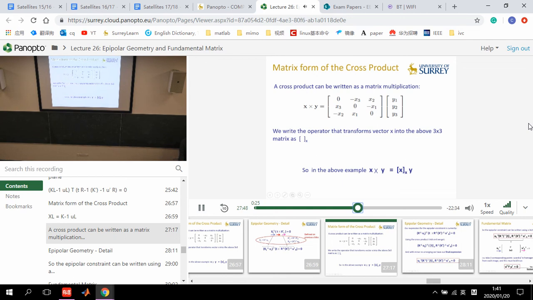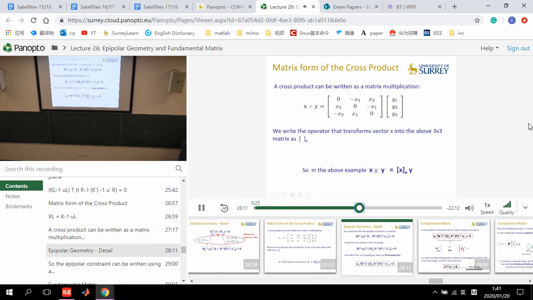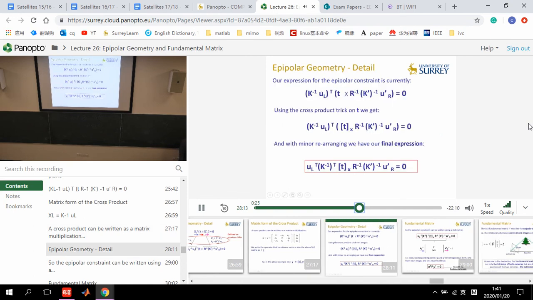So I'm going to define this operator with square brackets around it, where this little subscript cross means the cross product version of this vector x, which is this matrix here. So that matrix version of x multiplied by y is the cross product of x and y.